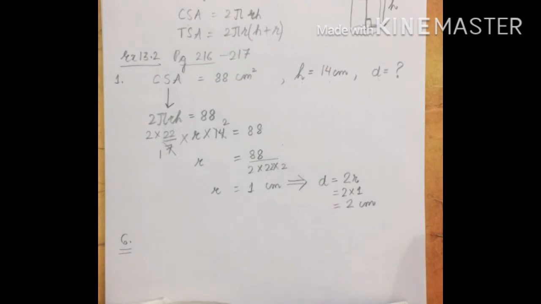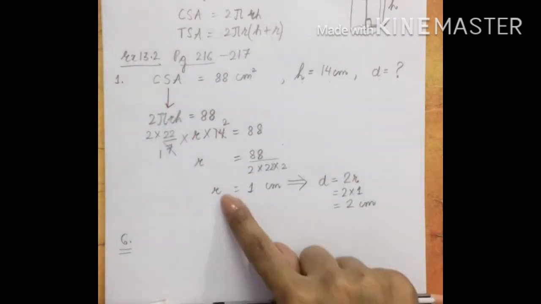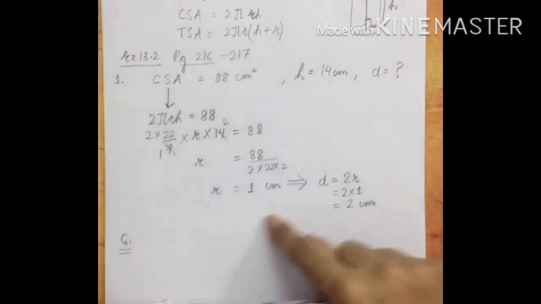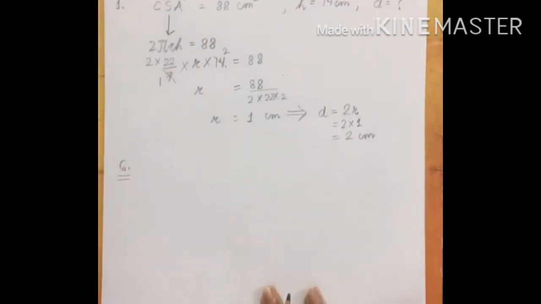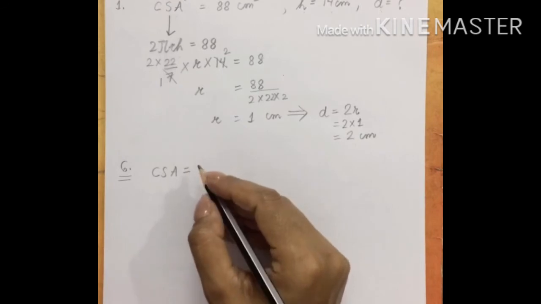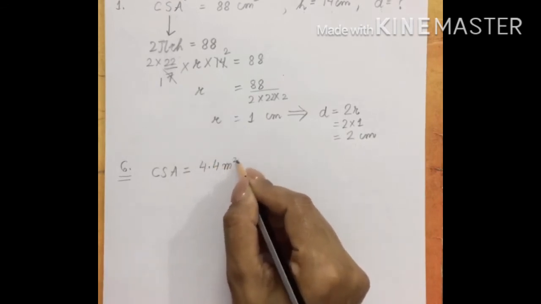Now in question number 6, they have given us the curved surface area and the radius, but the height is missing. So we will be working exactly in the same way. In question number 6, we've been given curved surface area equals 4.4 meters square.